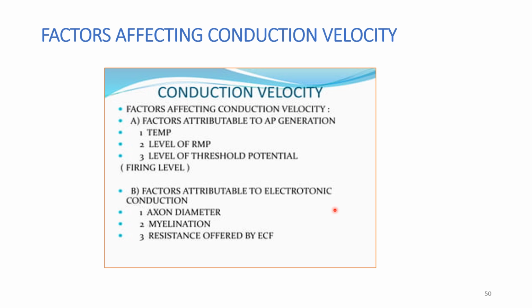So, how does it affect? Because it affects through Ri, that is resistance offered by axoplasm. Greater the axoplasmic resistance or internal resistance, weaker is the electrotonic conduction and vice versa. Okay. So, if axon diameter is more, there is more conduction velocity.